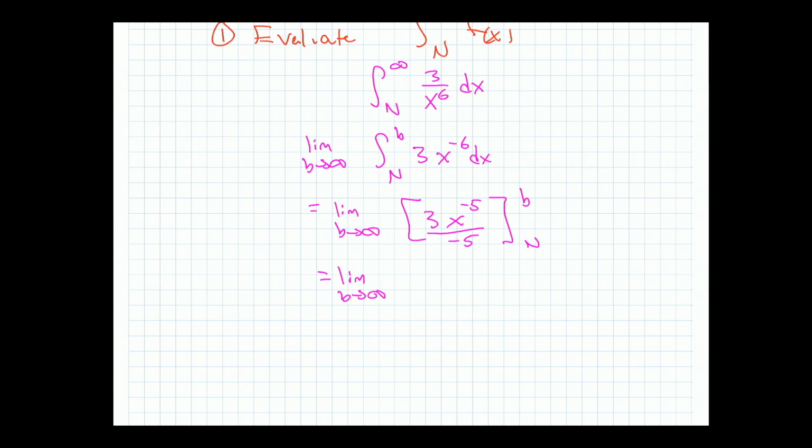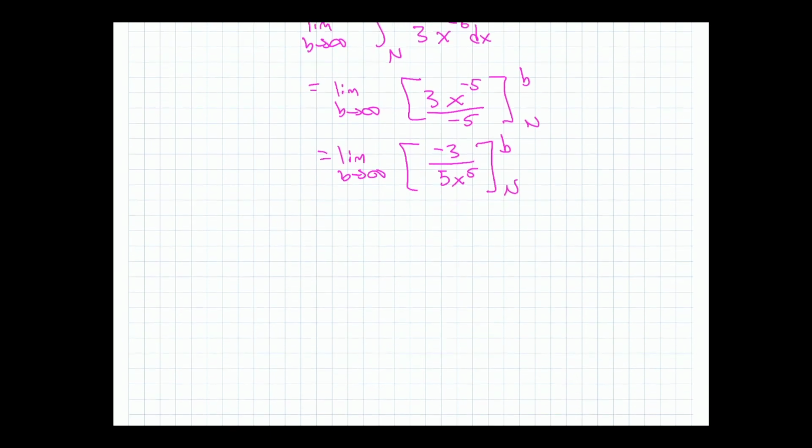Before I plug in the limits, I'll rewrite this as negative 3 over 5x to the 5, from n to b.